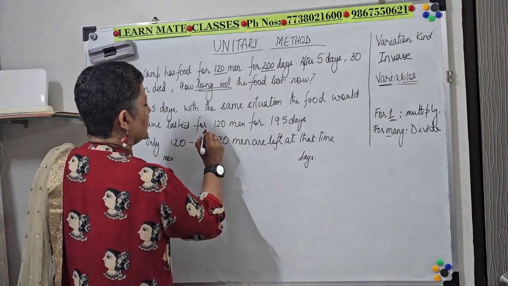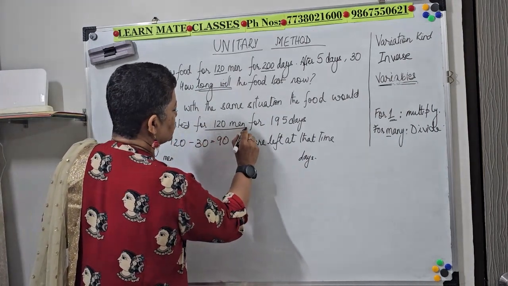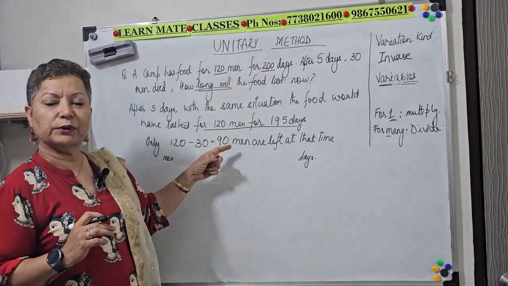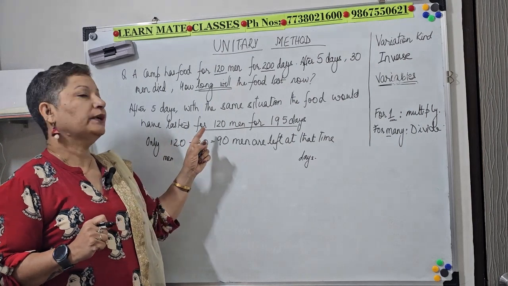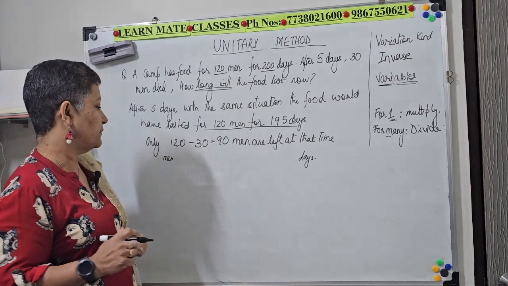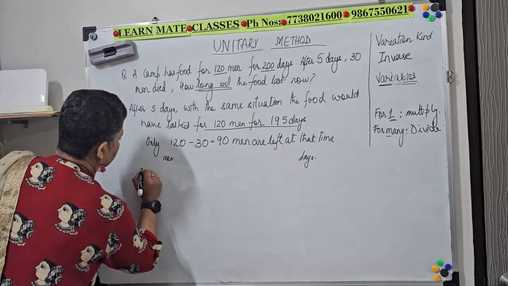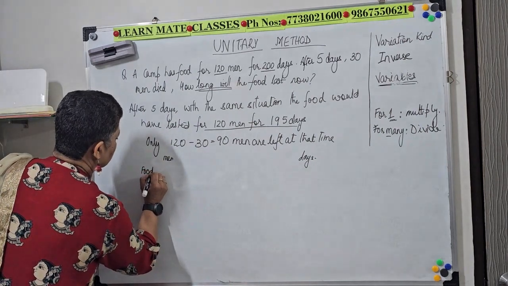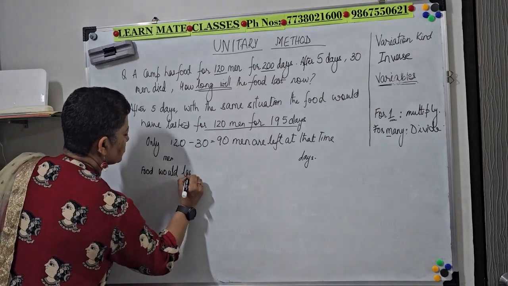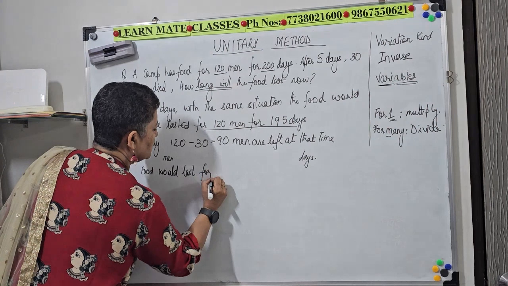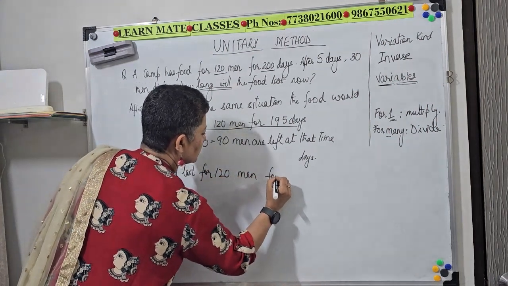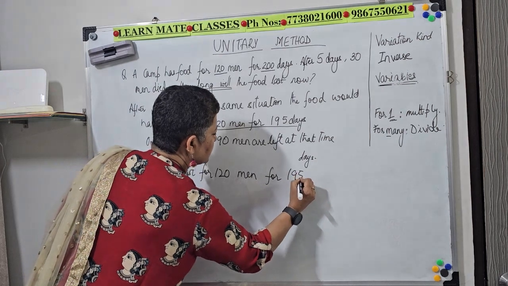So, the statement I need to pick up now is this one, not the previous one, because from that we have arrived that had we got the same number of men, it would have lasted for 195 days. So, food would last for 120 men for 195 days.